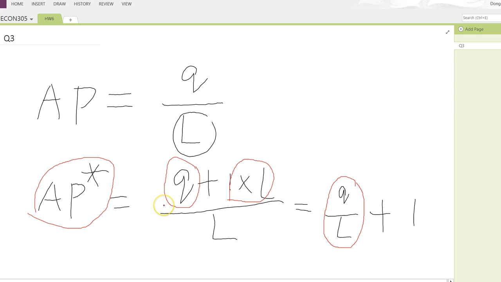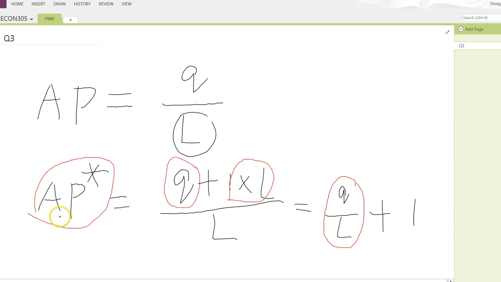Because each of the L laborers generates one more unit, altogether they generate L more units of product. So the new total product becomes Q, the original one, plus 1 times L, divided by L laborers. That equals Q divided by L, the original average product, plus 1 times L divided by L, so that's 1.